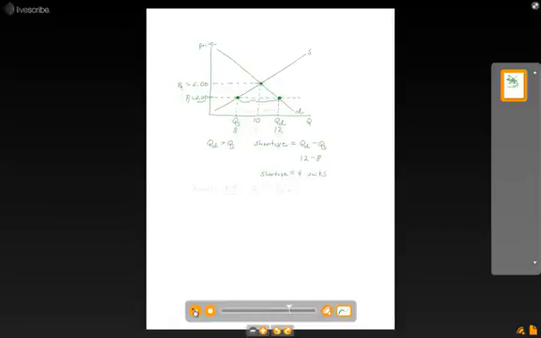But demanders are saying, we're willing and able to buy 12 units of the good, but how many are they actually buying? Only 8 units, what the sellers are willing and able to sell. So both parties are unhappy with this situation. So the result is that the price is going to start to increase back toward its equilibrium.